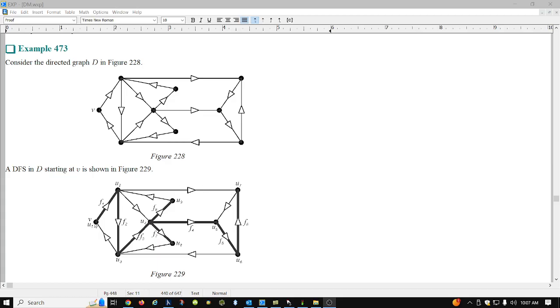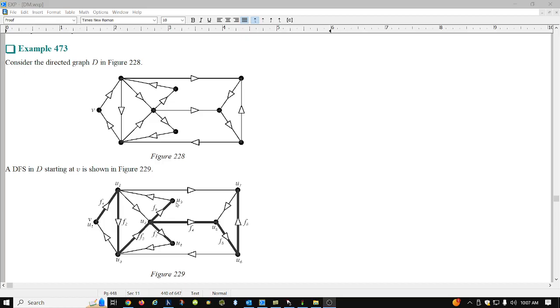We start at U, well, actually I've labeled it U1, and I've also labeled it V. We have to first find a directed maximal path. So follow F1, then F2, then F3, and now we've got a choice here.